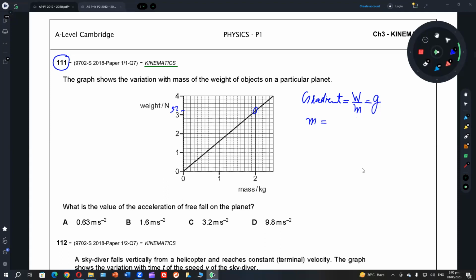I'm taking this position, 3.2 upon 2. It is 1.6.